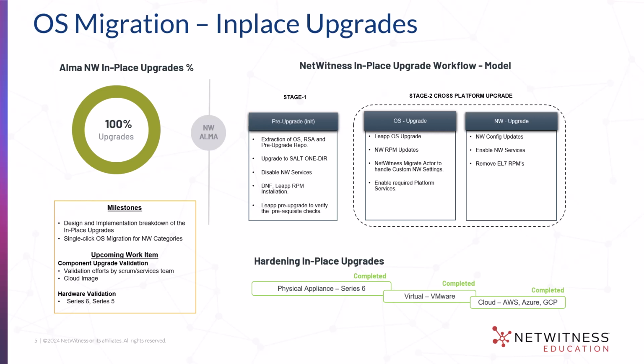Once this migration is successful, the NetWitness configuration will be updated and all of the NetWitness services will be enabled. The final stage of this successful upgrade is to remove all of the Enterprise Linux 7 RPMs. That completes the OS migration from CentOS 7 to CentOS 8, along with a successful upgrade from the previous version to NetWitness version 12.4.